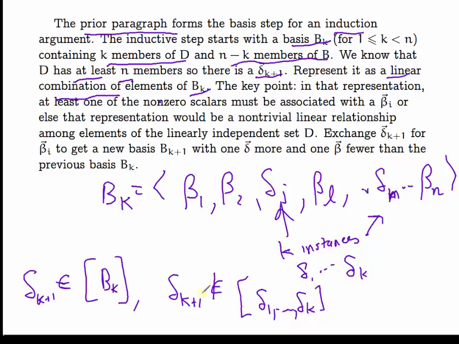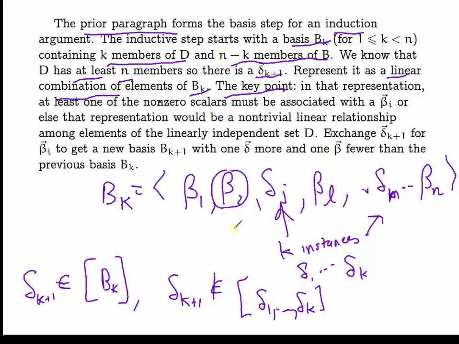Why is that? Because we know that the deltas are a linearly independent set. So that's the key point mentioned here. In the representation of delta k plus 1, at least one of the coefficients of one of the betas must be non-zero. Otherwise, I would have a linear relationship among the elements of delta.